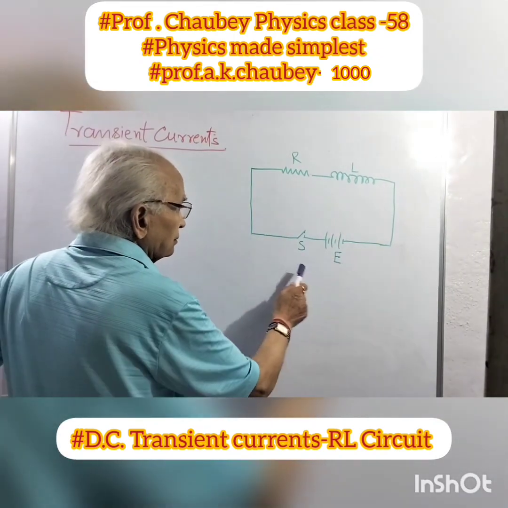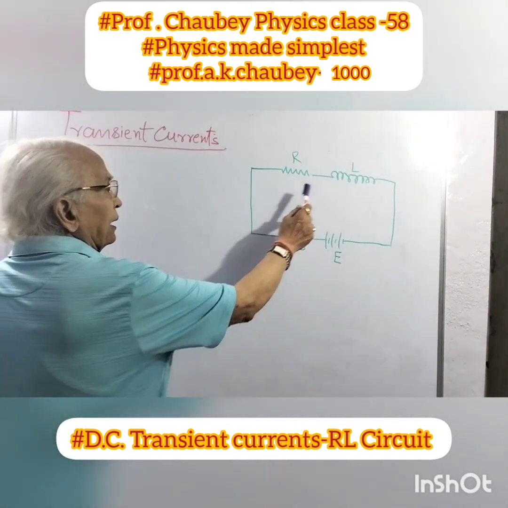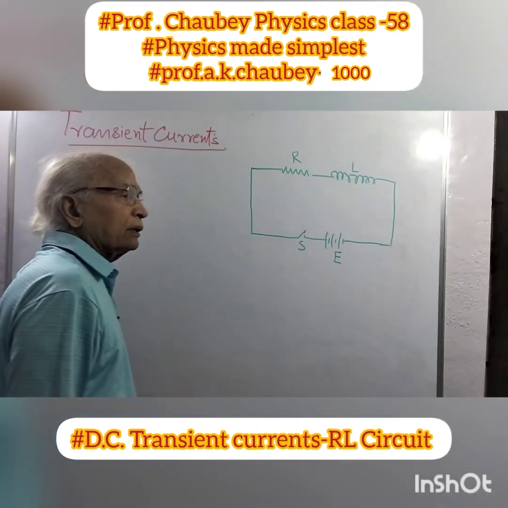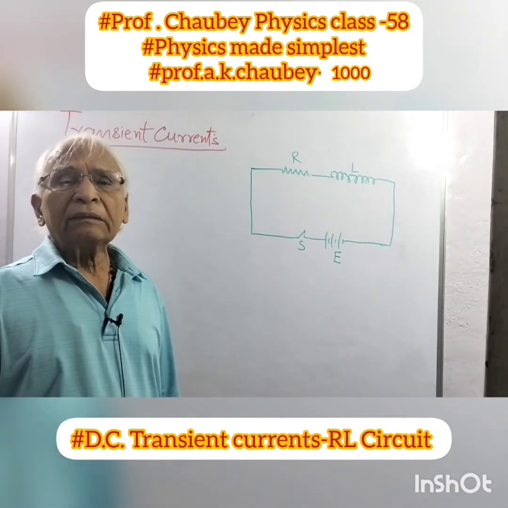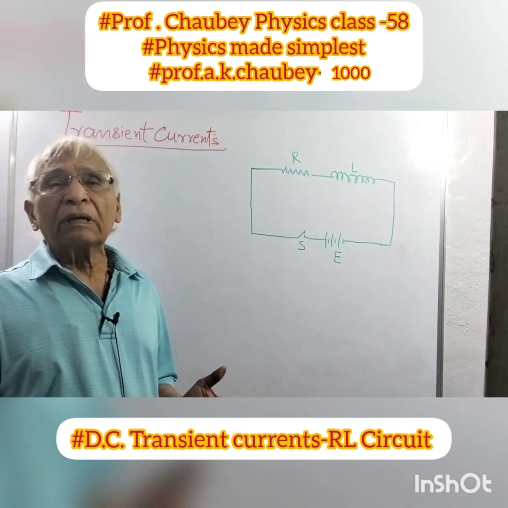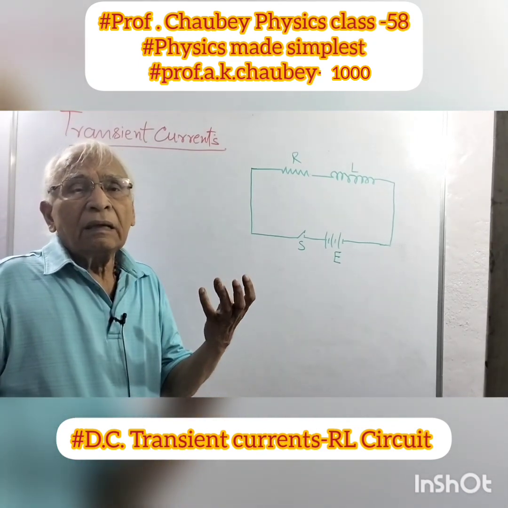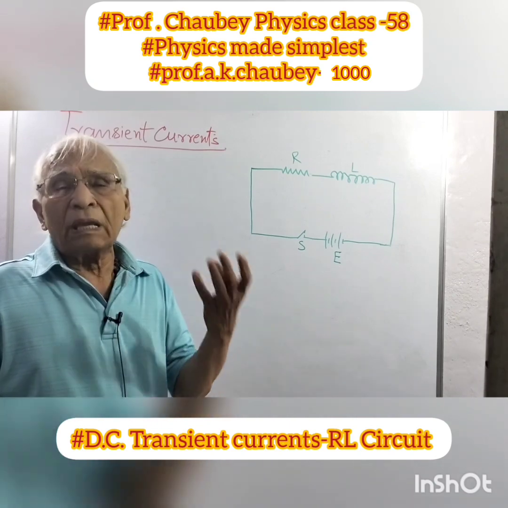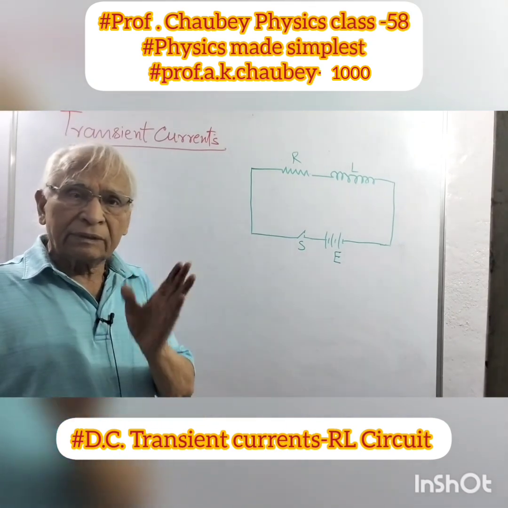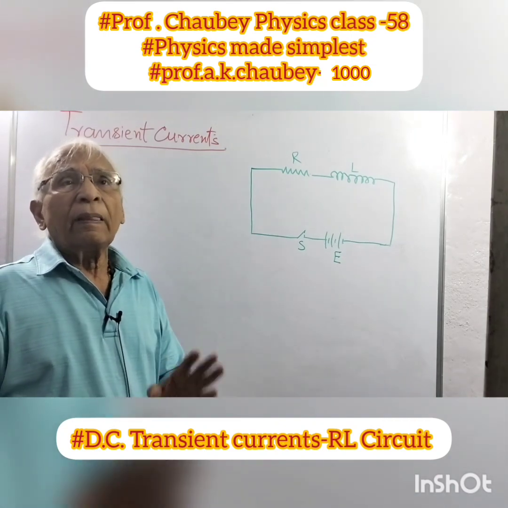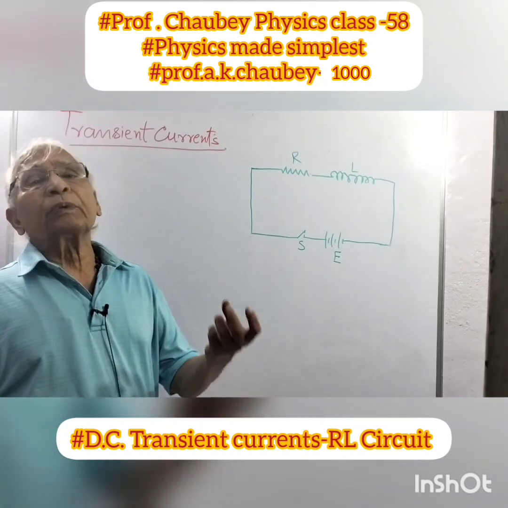when we press the switch, some current, say I, is flowing. When the current I flows through the inductance coil, what is the property of the inductance coil? Inductance coil opposes the growth of current. If current is increasing, it produces induced EMF. By the changing current, magnetic flux will change in the inductance coil, and due to Lenz's law there is induced potential.